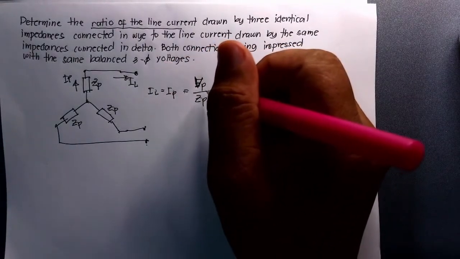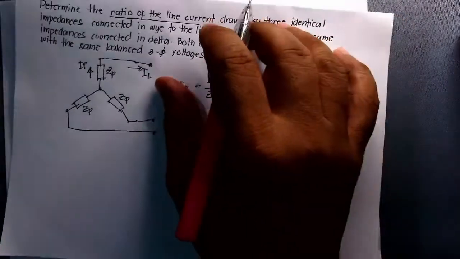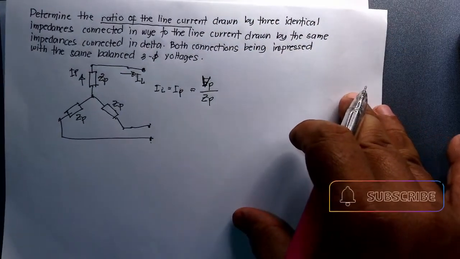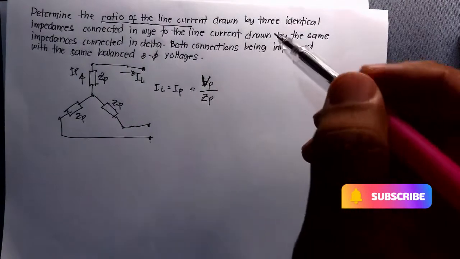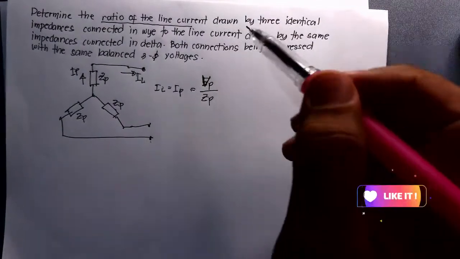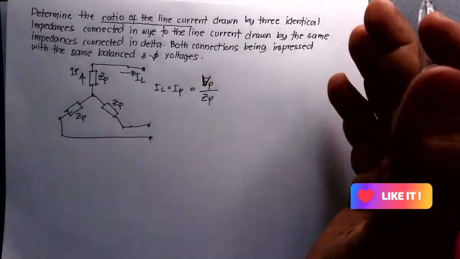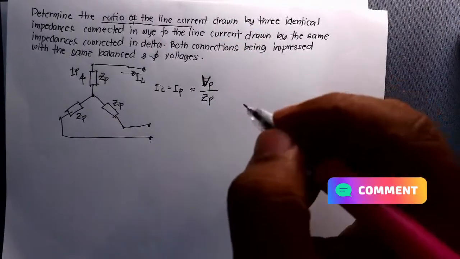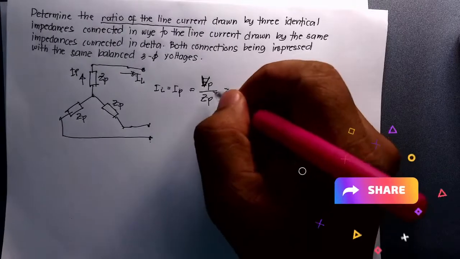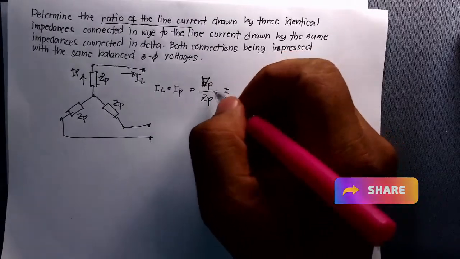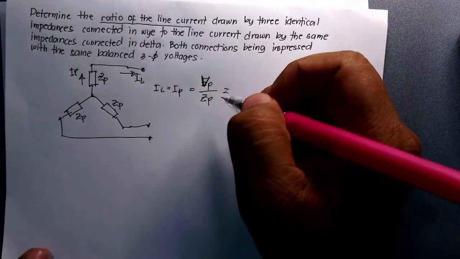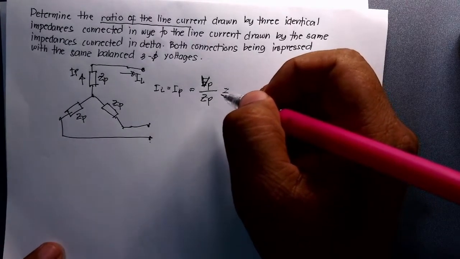But since we are looking for the ratio of the line currents in Y connection to the delta connection, let us have the equation expressed in line variables.